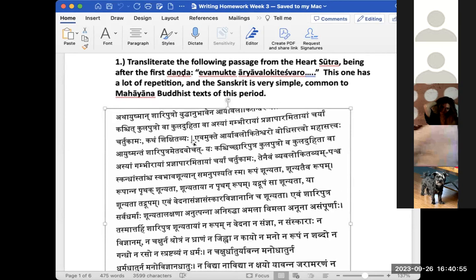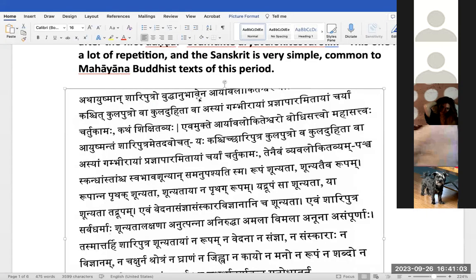So right here, can you see my little cursor guy? Is this sharing? Anybody? Somebody answer me. It's good. Okay. Yes. So we're starting. Evam ukte. So I want you to read along slowly. So read along as I'm pronouncing and try to code the sound that I'm making to what you're seeing on the page.